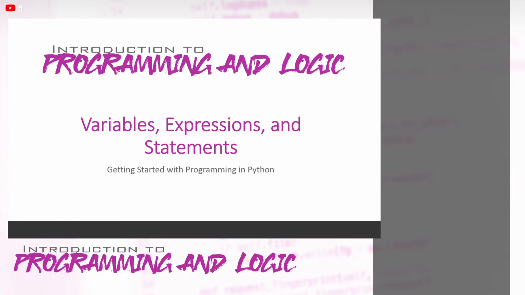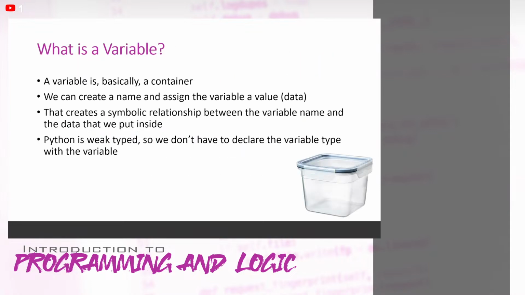So as we are talking about Module 2, one of the first things that we want to do is define some terms here, and we want to define the term variable. What is a variable? When we're thinking about a variable, we're basically thinking about a container, right?